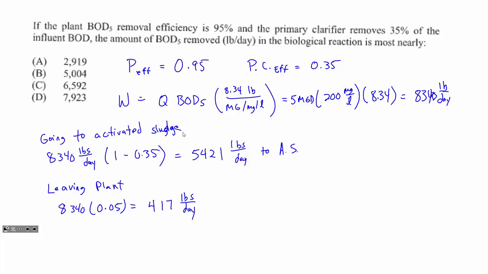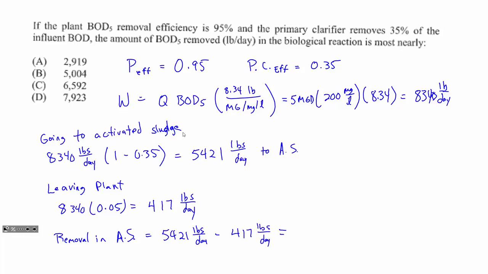So if we do a simple balance there and we say that 5,400 is coming in to the activated sludge and 417 is leaving the activated sludge, then we can say our removal, and it's just a simple mass balance approach here, in our activated sludge is going to be equal to 5,421 pounds per day minus 417 pounds per day.